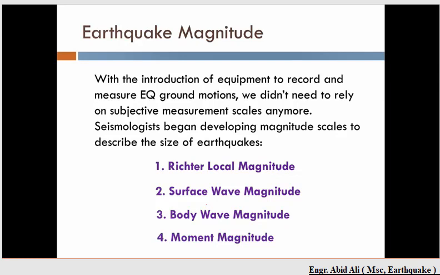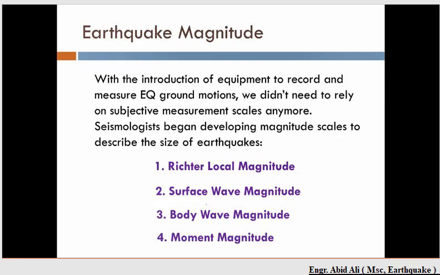So seismologists began developing different measure scales to describe the size of the earthquake based on what they were reading on their instruments. So magnitude scales were developed to describe the size of earthquakes.